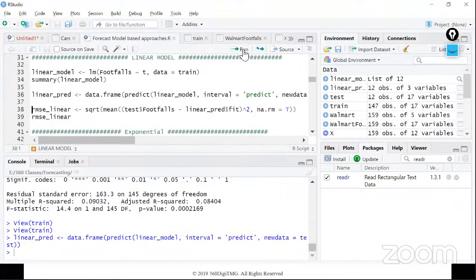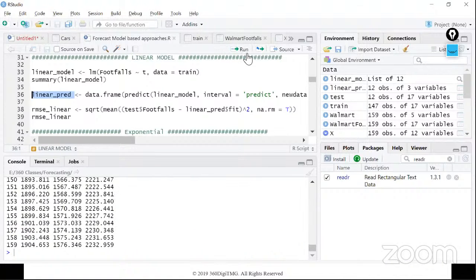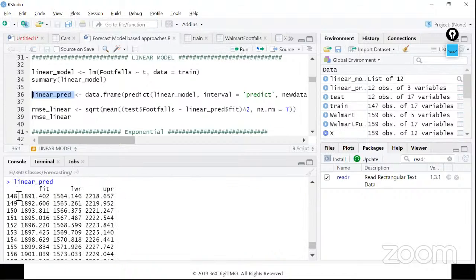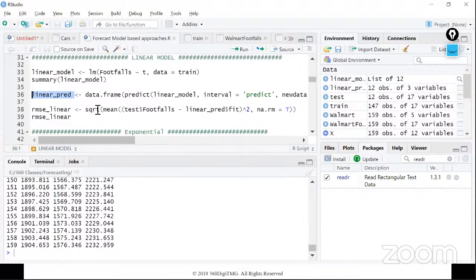When I run this, I'll get some prediction values. These are the prediction values for 148 all the way to 159. Then we find the difference, take the square, take the mean, take the square root.